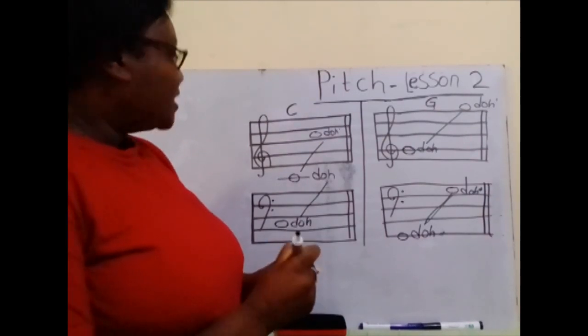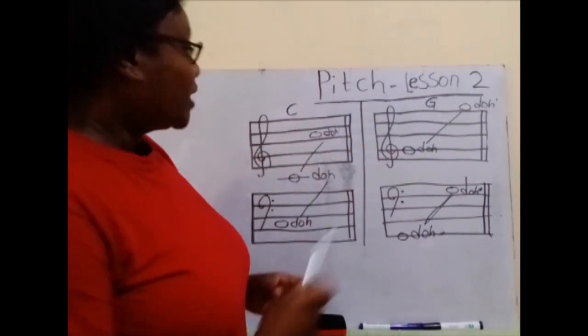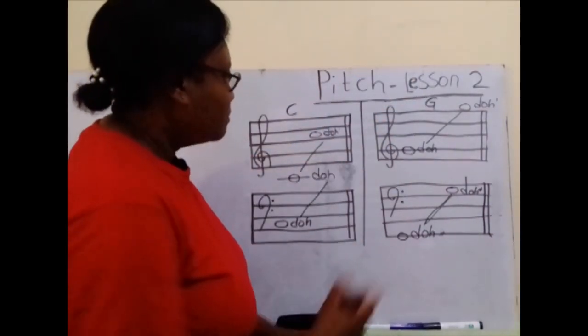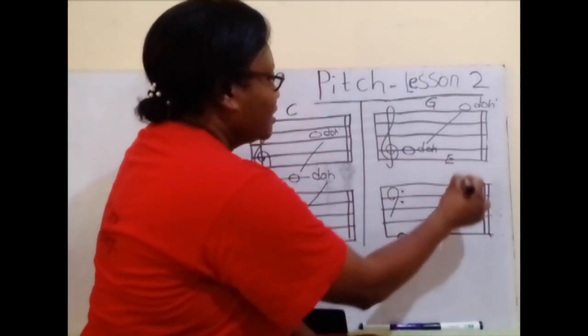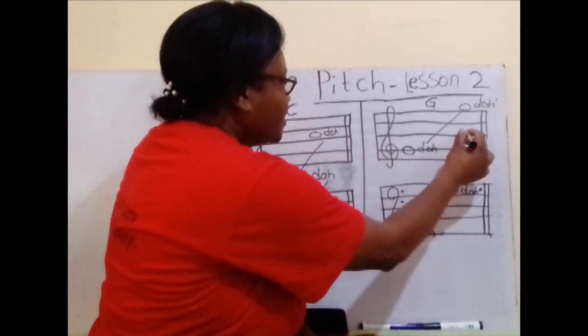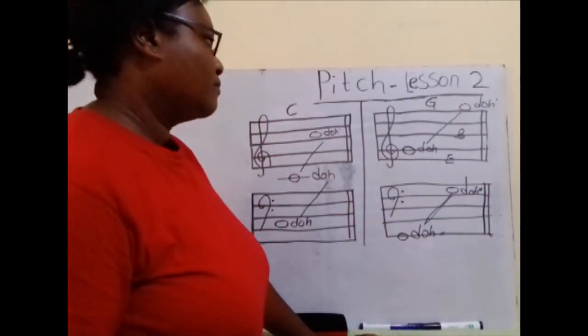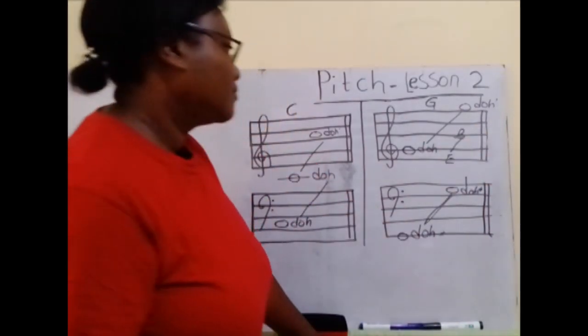Even without considering the octaves, we can still say, maybe, okay, this is E, and this is E, and this is B. You can see the difference.